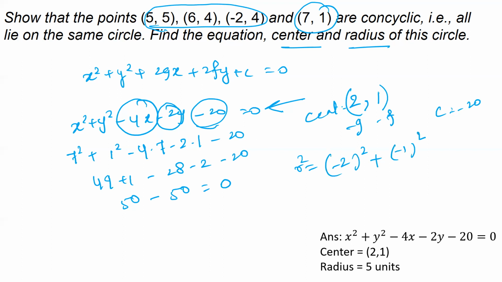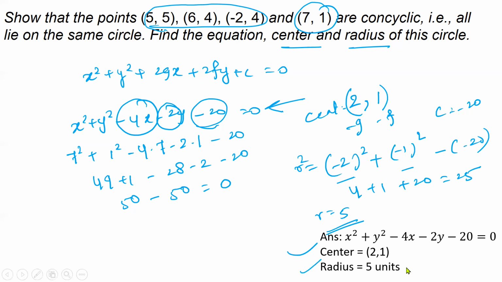Similarly, minus f is 1, so f will be minus 1. So g square plus f square minus c gives me 4 plus 1 plus 20, which is equal to 25. So r square is 25, which means r is equal to 5. We take only the positive value because it is the radius. And see, the answer matches. Center is 2, 1, radius is 5 units.